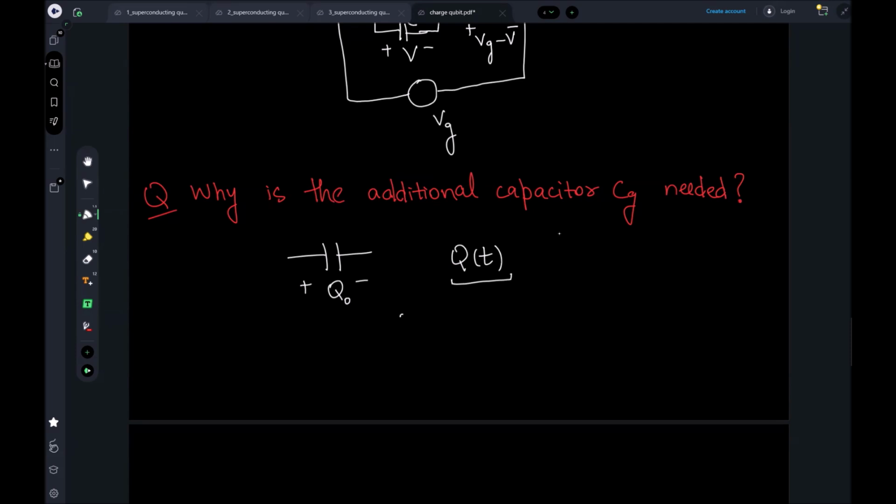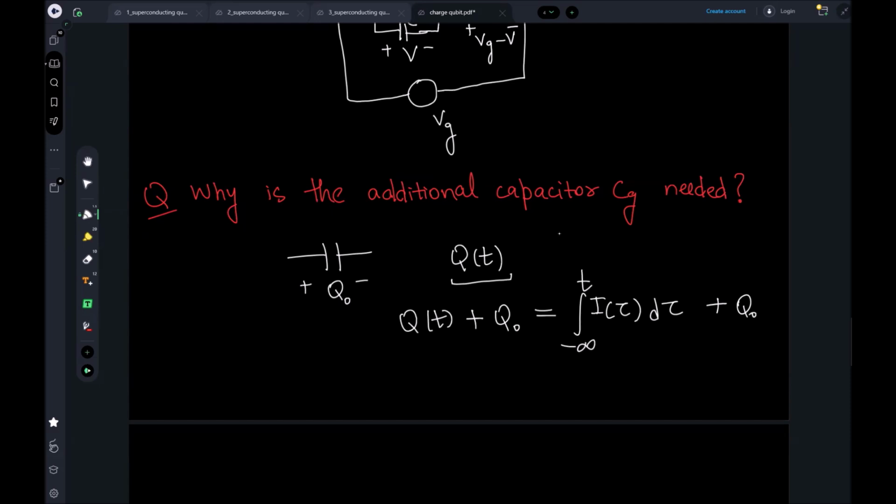So the total charge on this capacitor at time t can be given by the following expression. And here the current flowing through the capacitor is uppercase I, so Q of t is just the integral of this current with respect to time.